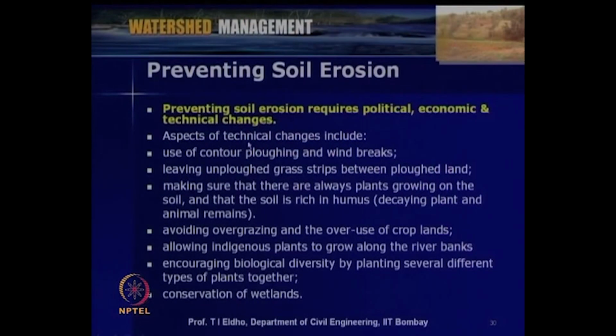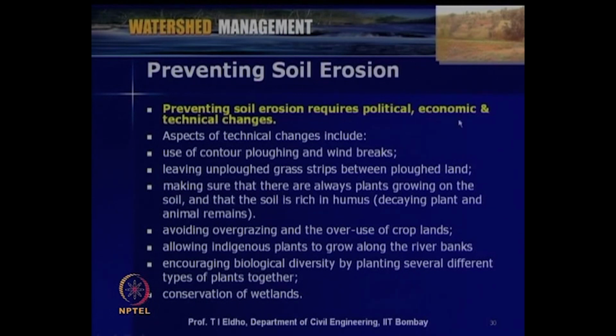Some of the important points are listed in this slide. To prevent soil erosion, it requires political, economic and technical changes. Of course, what is to be done in the field is the technical intervention, but a lot of money is required for this.